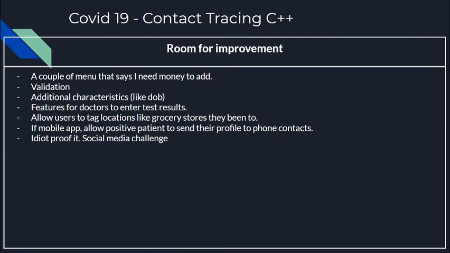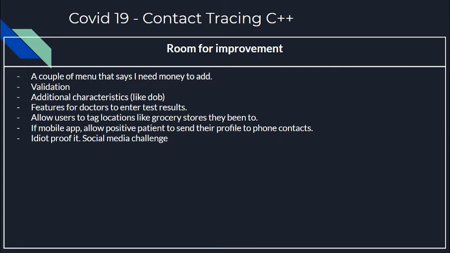Features for doctors to enter test results. Yep, definitely they can enter, or they can be part of that validation process. If it is a mobile app, if you ever decide to build a mobile app, I'm sure this is what it's going to come down to.